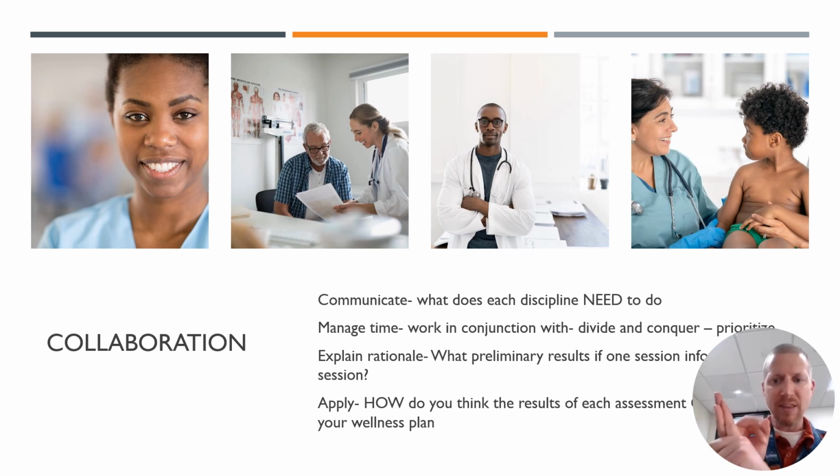How many steps are they? What's their activity tolerance? Okay, and so again, that's managing your time, working in conjunction with one another. Hey, if I have the client do this, we can have the home safety. Are there certain things also that you would be able to assess by having us do this particular concept, right?